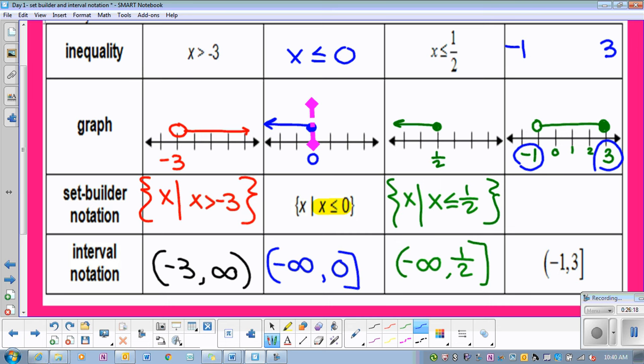You're saying from negative 1 to 3, x is between them, right? Now, whenever you write the betweens, the inequality that goes in there is they're both going to be less than, less than. Okay? That's how you show a between.